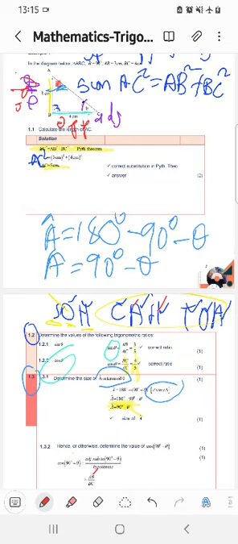Our hypotenuse doesn't change, so this should be AB over AC, like that, not AB over BC.